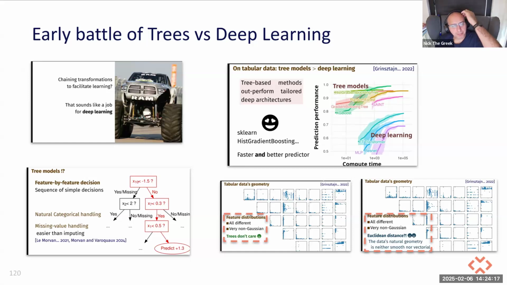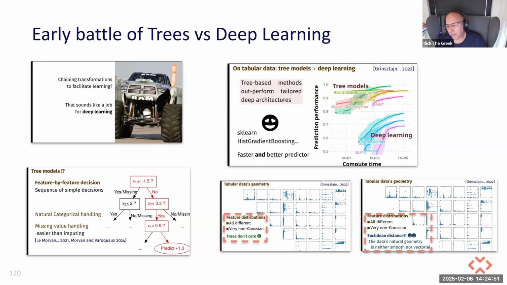And here you saw that kind of plot before. Deep learning, this is the gap, and it kind of motivates some of the problems: the feature distributions are all different, very non-Gaussian. The trees don't care, and also the main problem is that there's not really a similarity or Euclidean distance.